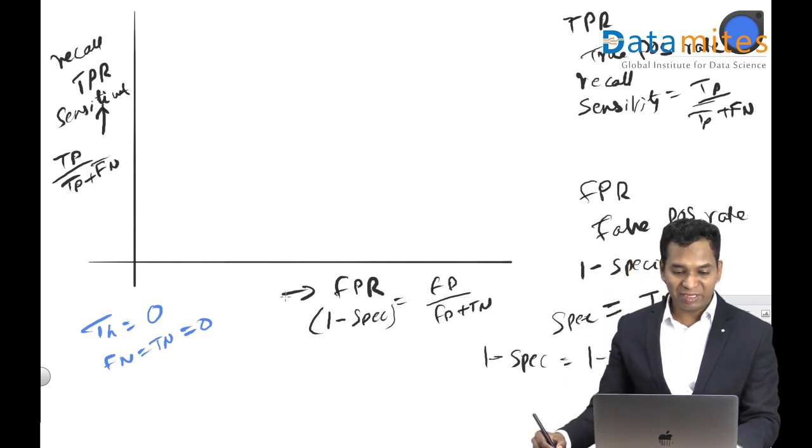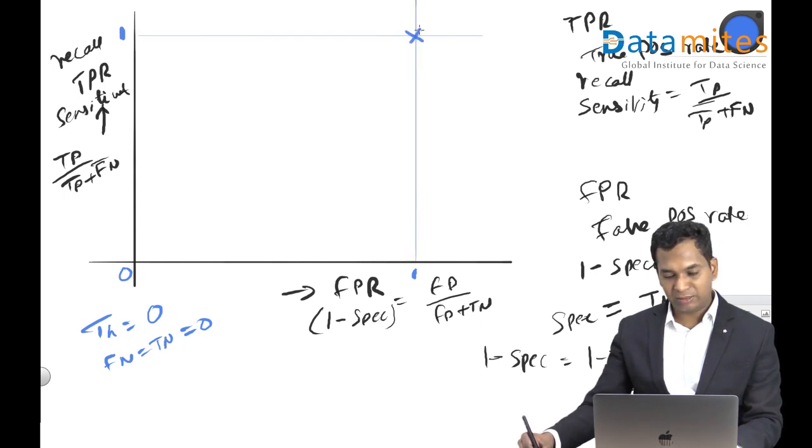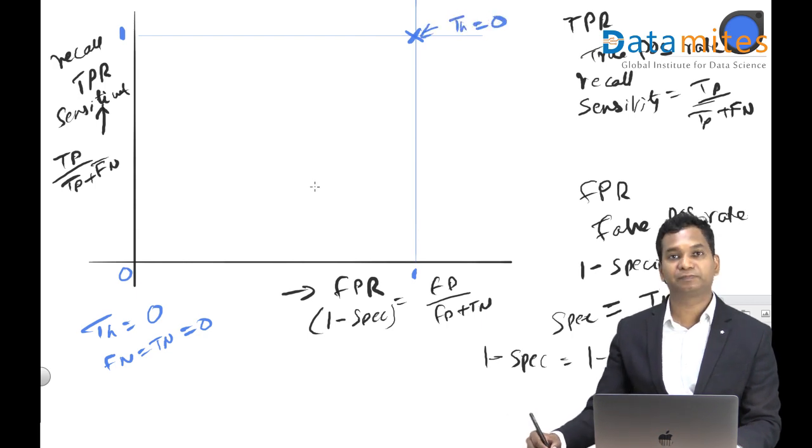This means FPR becomes 1, because the numerator and denominator cancel, and TP by TP is also 1. So both of these are 1, and this is the point where your threshold is equal to 0.